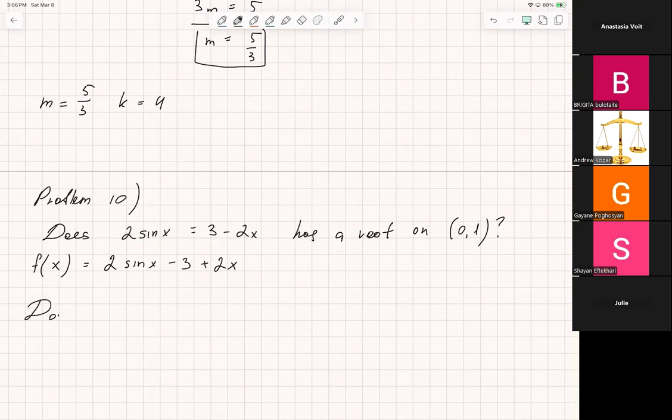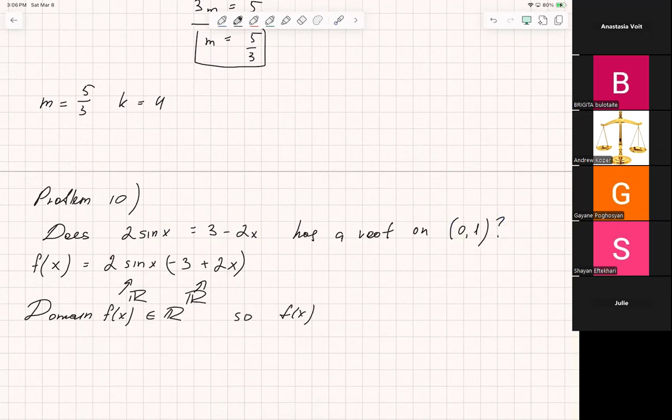The domain of sine is all real numbers. And also this is essentially a line, so also all real numbers. So the domain of f of x is also all real numbers, so it's definitely going to be continuous.